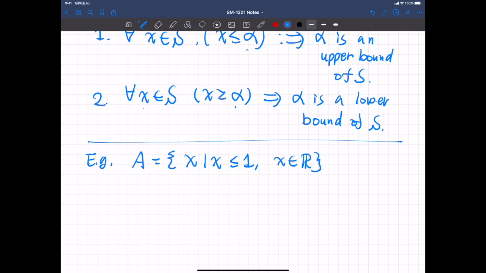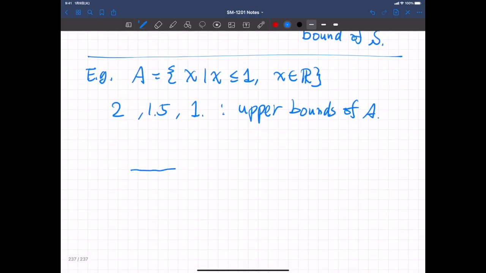Then 2 is an upper bound, and 1.5 is an upper bound, and 1 is an upper bound. So they are all upper bounds of A. In fact, let's say this is the number line.